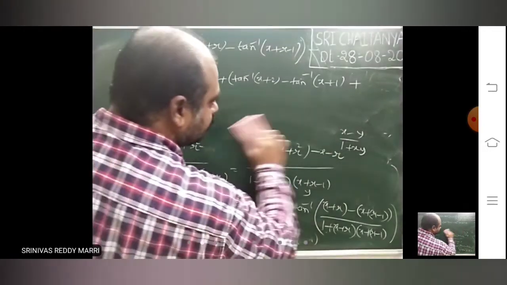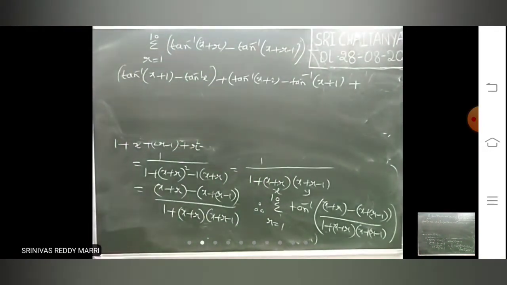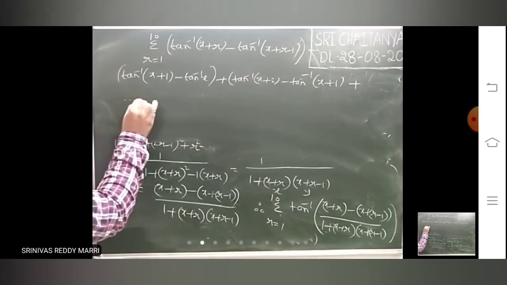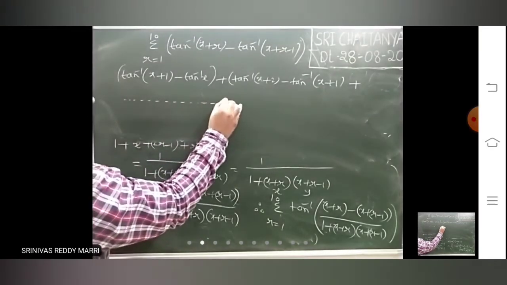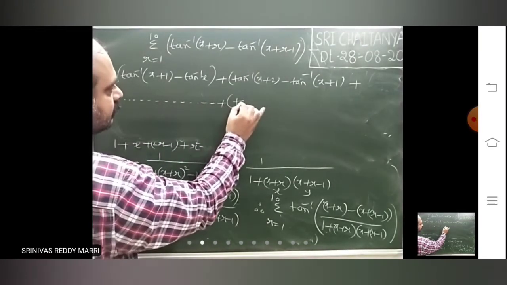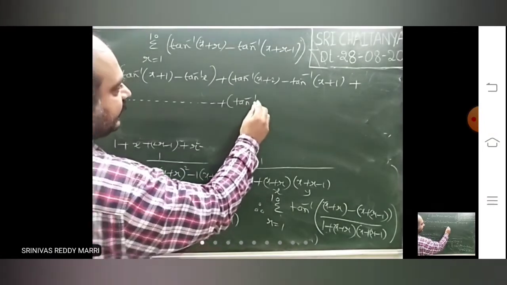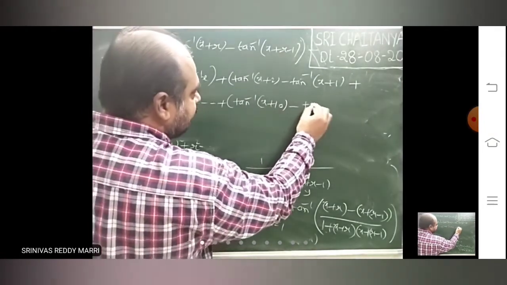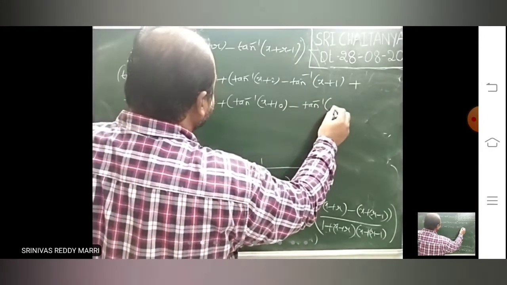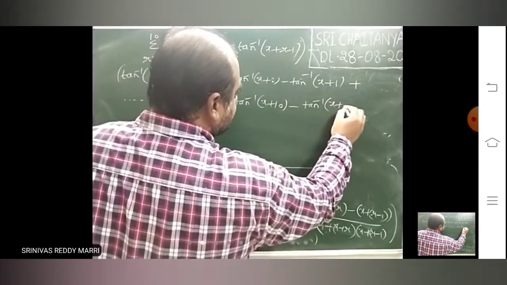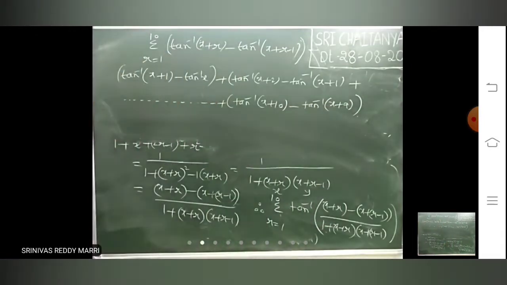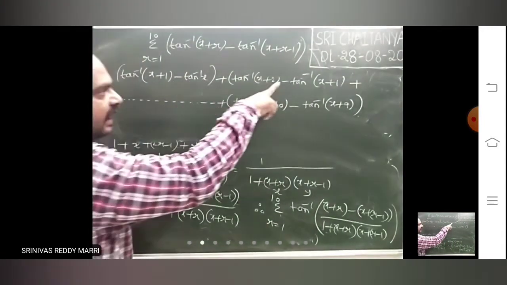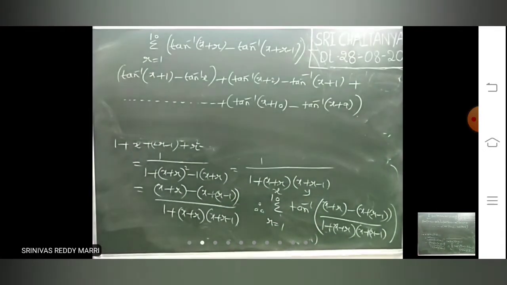Lastly, r equal to 10: tan inverse x plus 10 minus tan inverse x plus 9.